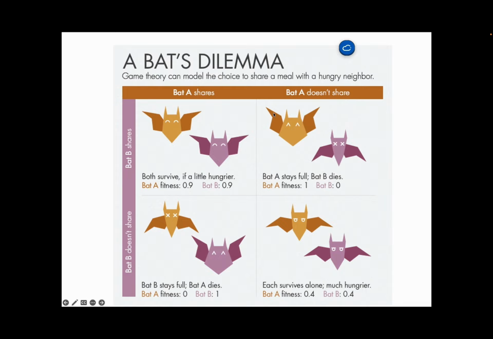And likewise, say if bat B is kind of mean and doesn't share with bat A, then bat A is going to do better by not sharing than by sharing. But regardless of what your partner does, it seems as though the rational thing to do is not to share.